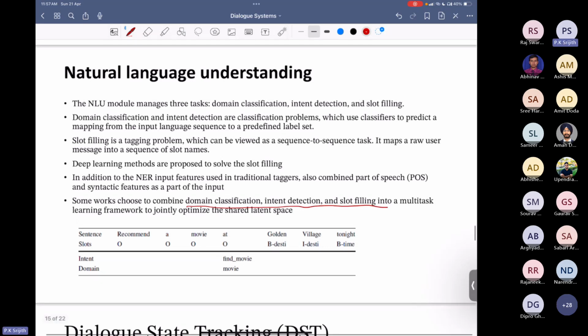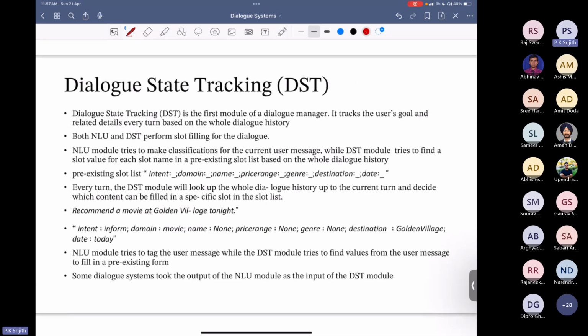Now, coming to dialog state tracking. As I mentioned, the dialog state tracker basically maintains some predefined set of slots depending upon the domain. For different domains, the slots it maintains are going to be different. For every utterance from the user, it tries to make use of whatever the NLU module has found in order to fill these predefined slots.